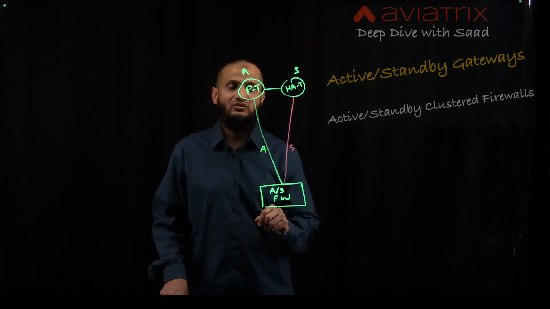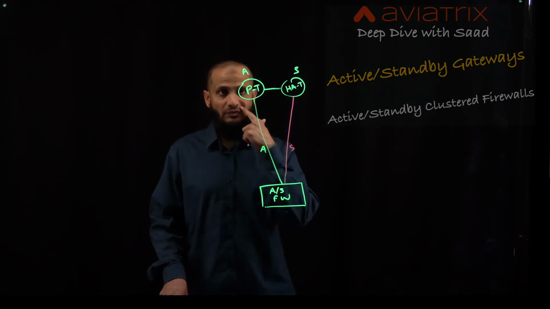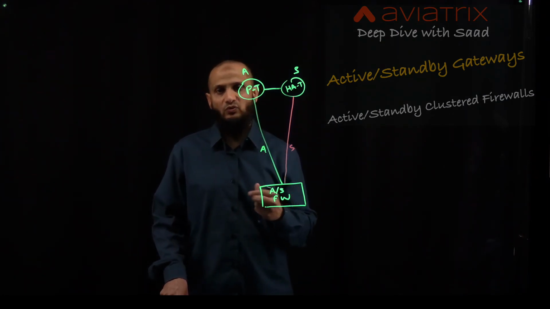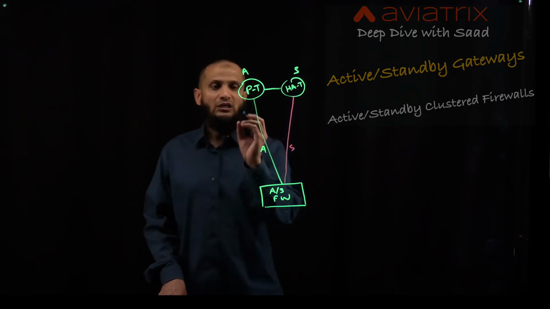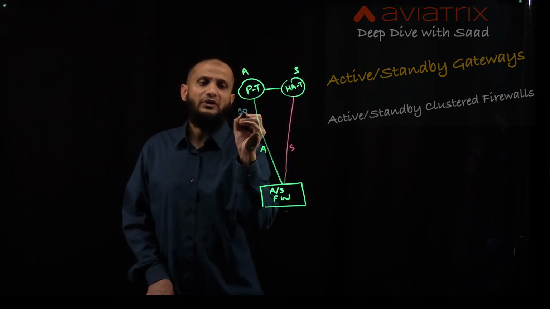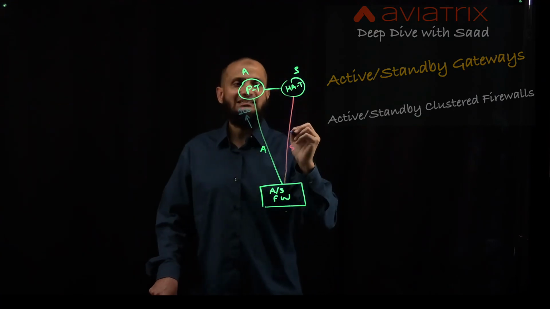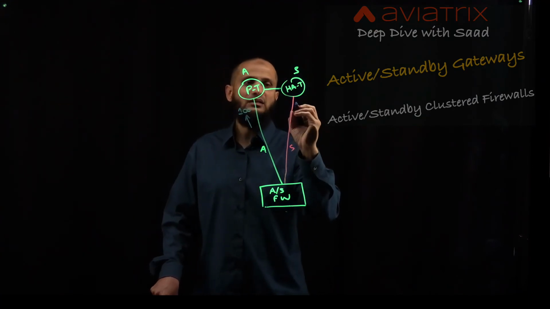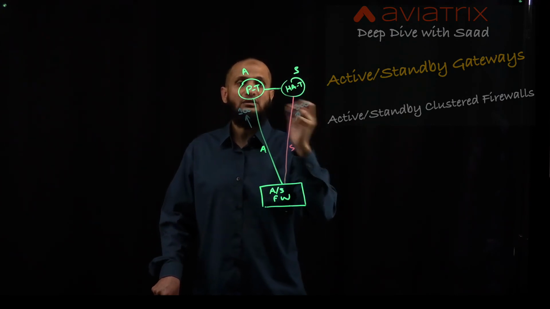Aviatrix controller is going to manipulate the metrics of the routes that are received on the primary or the HA gateway, which basically are the active and standby gateways in this scenario. So on the primary side, the metric is going to be 100 when you're receiving the routes like this. On the secondary or standby side, you are going to see a much higher metric, like 300 in this scenario.